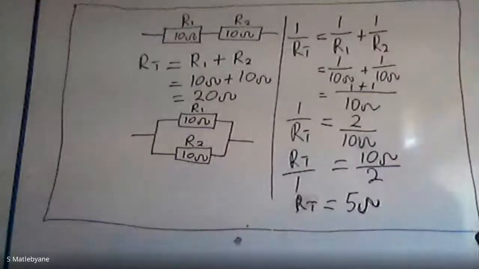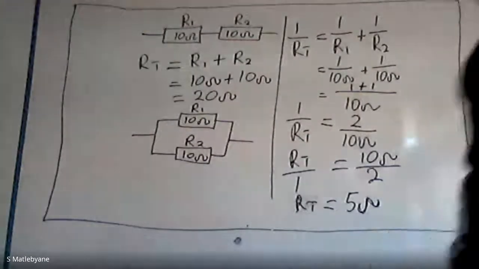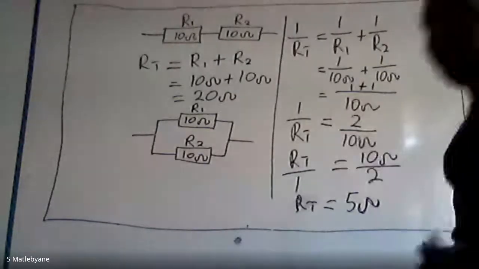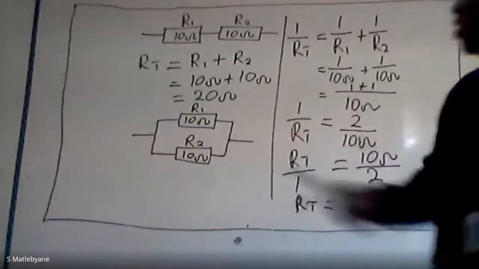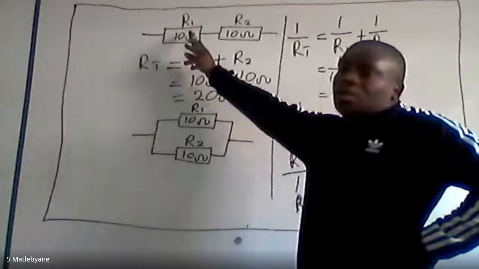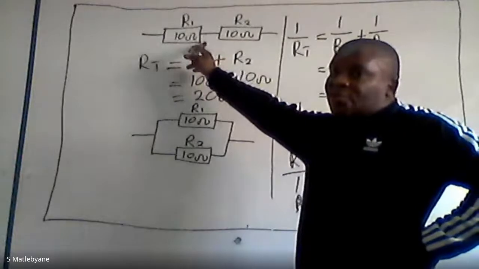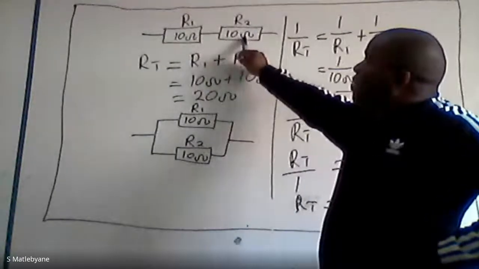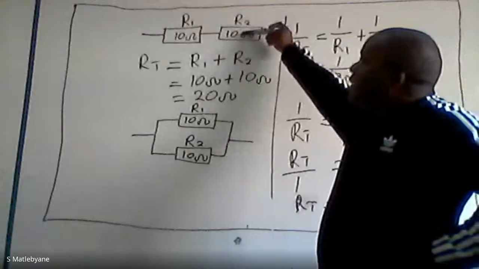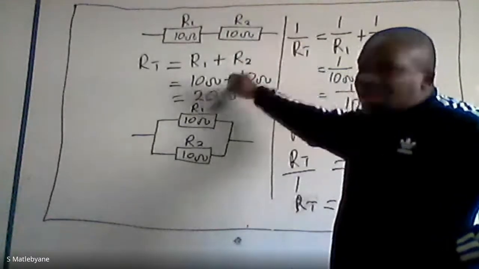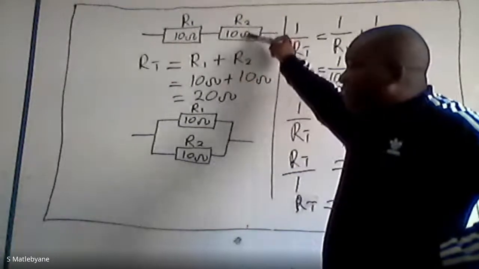All right, people are saying they can't see at the bottom of the board. Okay, I'll rewrite this on the other side. Let me explain this first. When they are in series, the answer that you get must be bigger than the value of the biggest resistor.